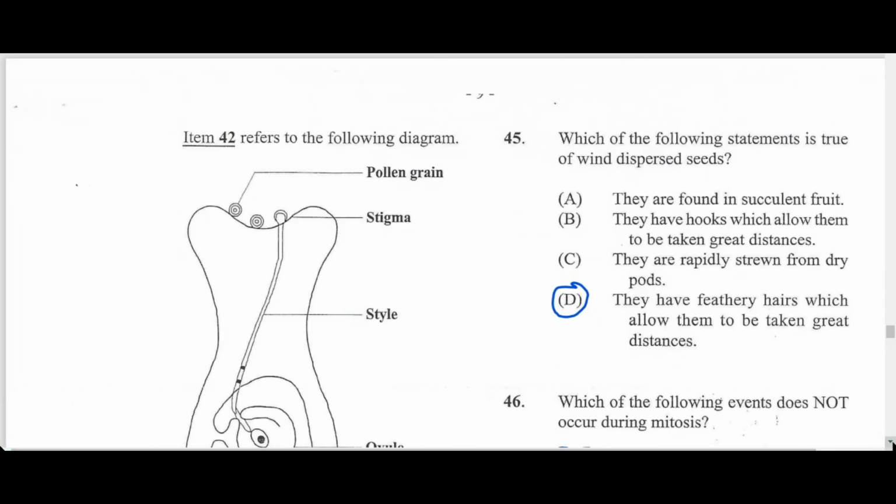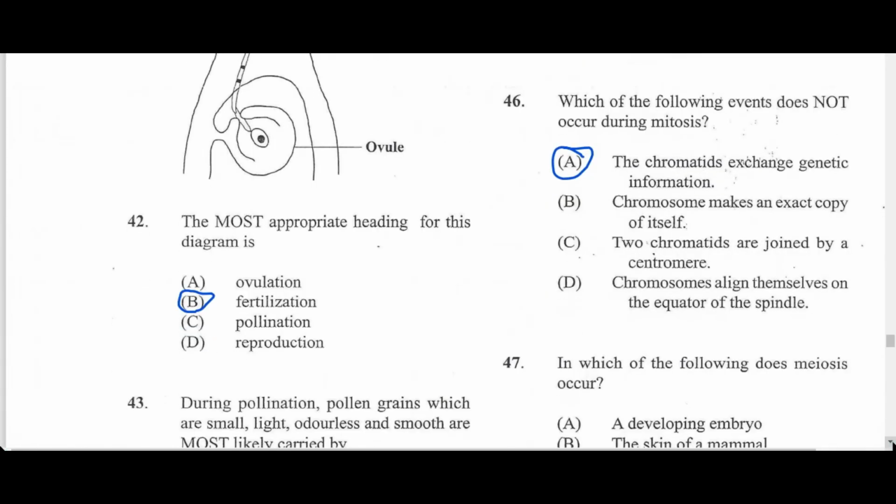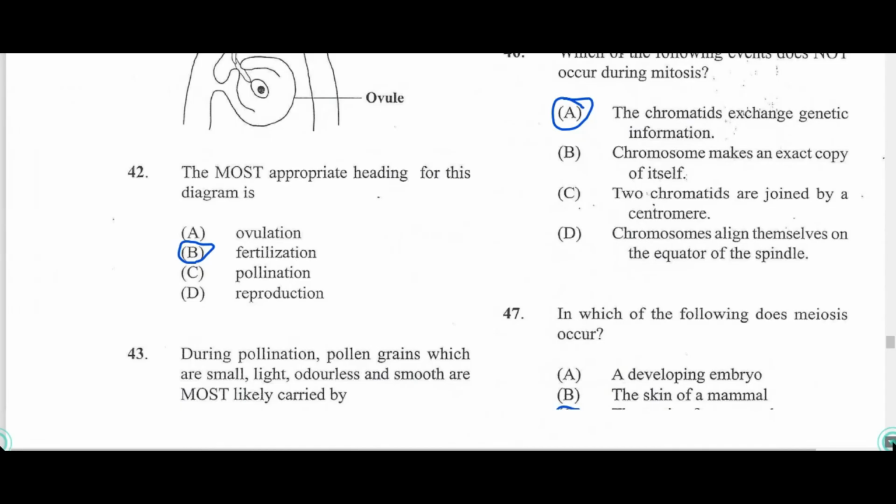At 42, 42 refers to the following diagram. And of course, this again is a familiar diagram. The most appropriate heading for this diagram is going to be fertilization. And of course, it's going to be fertilization because that's what it's called in the textbook, and that is what is happening in the diagram.